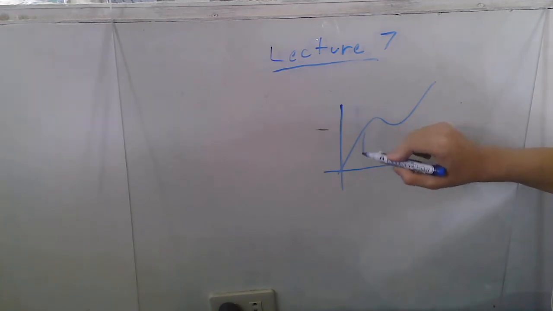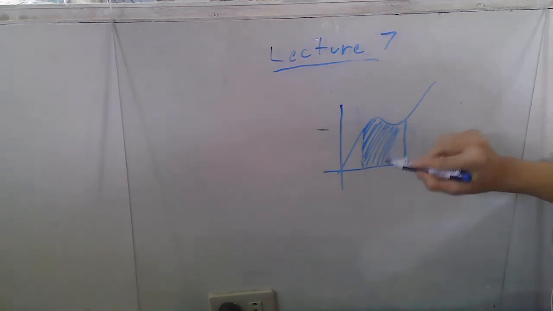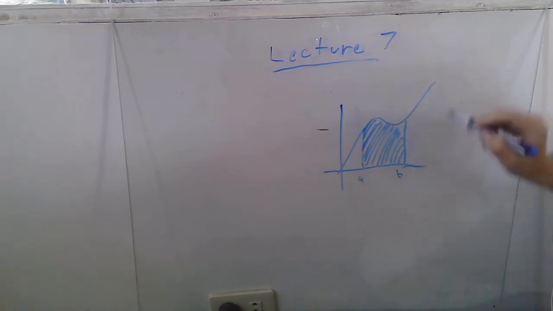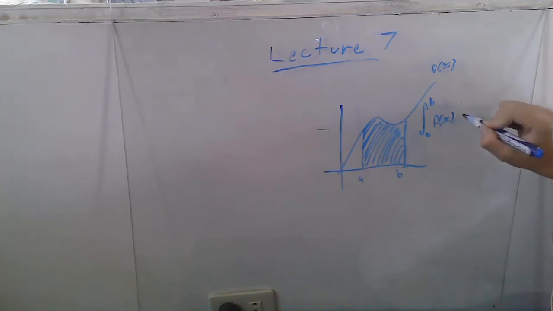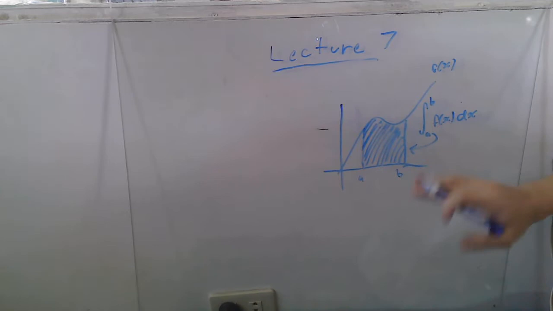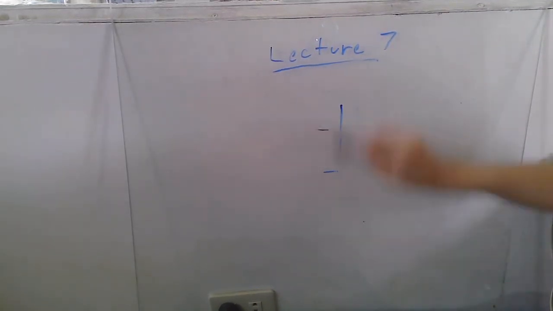An integral is basically the area between two lines, two points of the graph. This is A, this is B, this is the integral from A to B of f of x dx. This shaded region is an integral. And a little visual intuition on it.